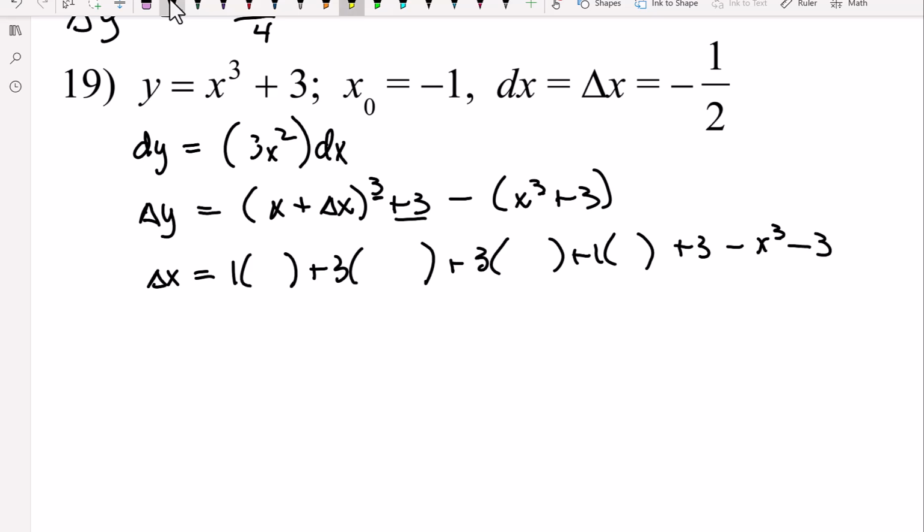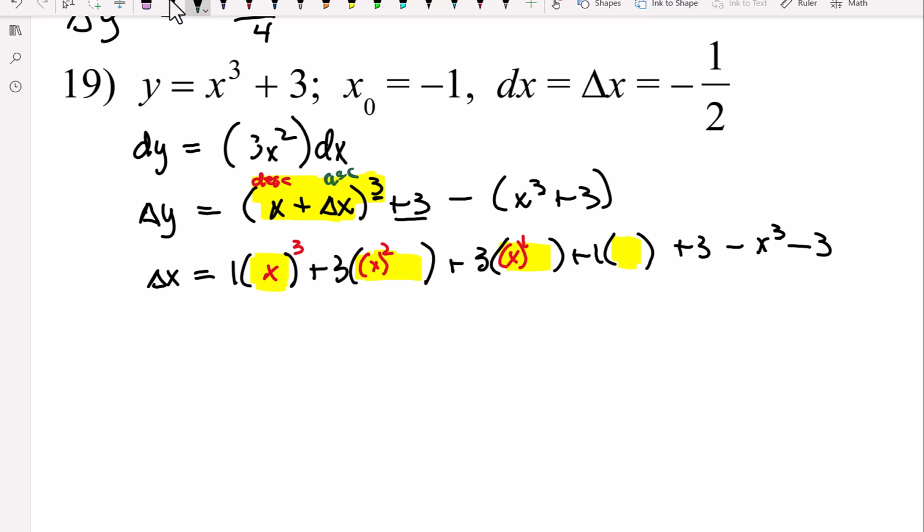Well, if you remember Pascal's triangle, hopefully you remember this from pre-calc. What goes in the parentheses is the first term goes in descending order. So this is x cubed, this is x squared, this is x to the first. X to the 0 is 1, so we don't have to write x to the 0. All right, and then the other one, it goes in ascending order.